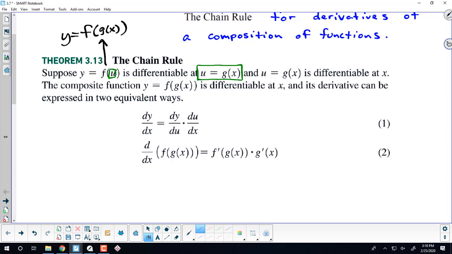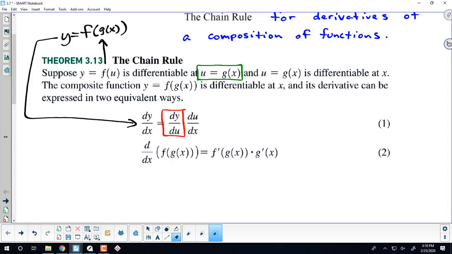If g of x is differentiable at x, its input, then the composition f of g of x is differentiable at x, and its derivative can be expressed in 2 ways. The derivative of y with respect to x is the derivative of y with respect to u, and remember where this comes from, this dy over du. We're taking the derivative of y, which is a function of u.